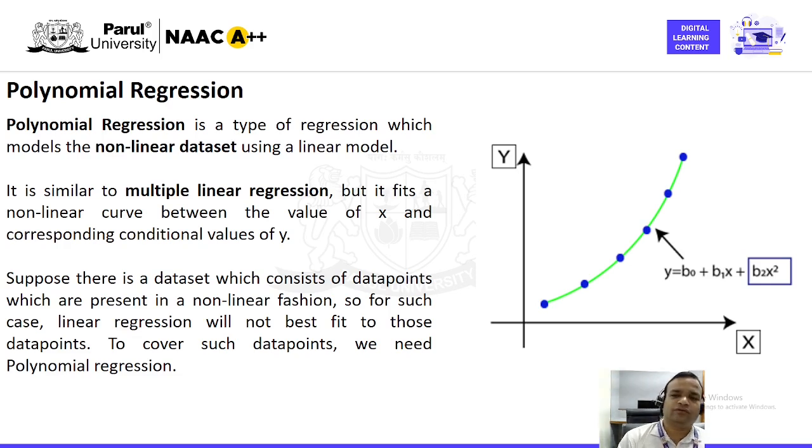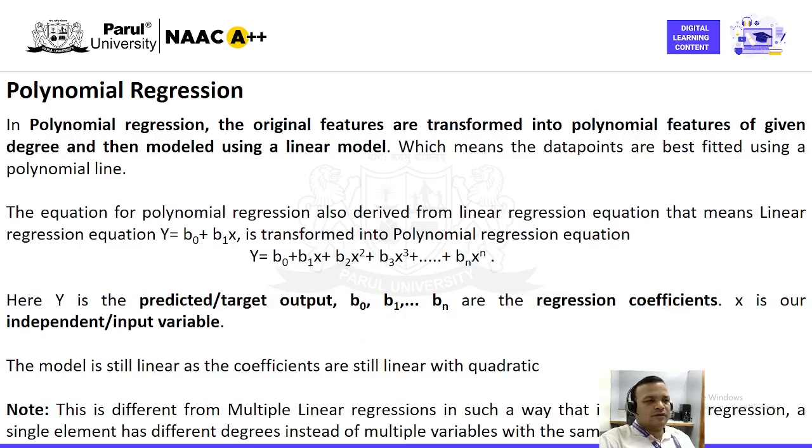So this is the equation of polynomial regression: y equals b0 plus b1 x plus b2 x power 2. Here b0, b1, b2 are the coefficients. In polynomial regression, the original features are transformed into polynomial features of a given degree and then modeled using a linear model.